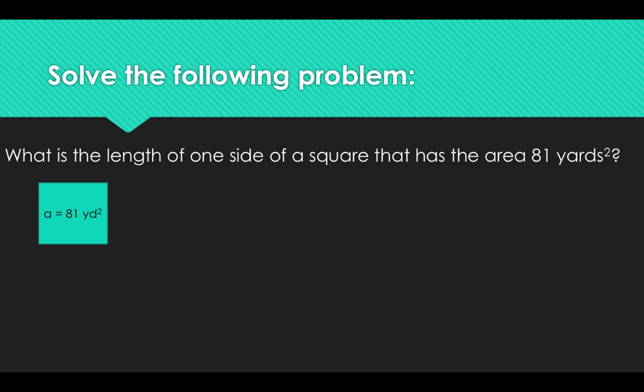I know that the area is equal to the length of one side times the length of one side of a square. Since those are the same lengths, I can say the area is equal to the length of one side squared. So S is equal to the length of one side of the square.